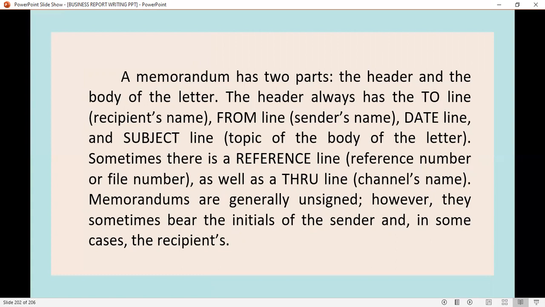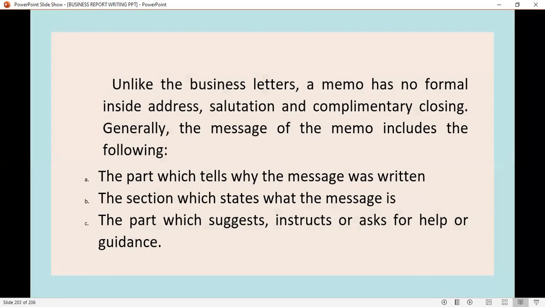However, they sometimes bear the initials of the sender and in some cases the recipient. Unlike the business letters, a memo has no formal inside address, salutation, and complimentary closing. Generally, the message of the memo includes the following.